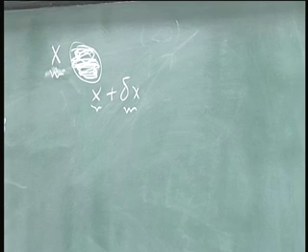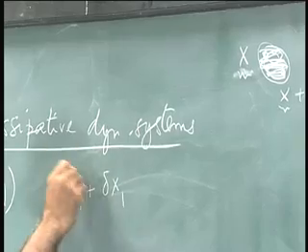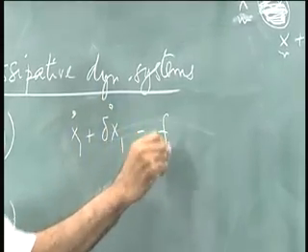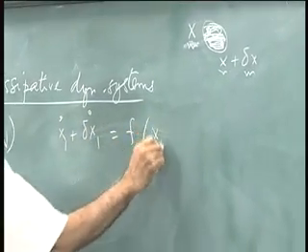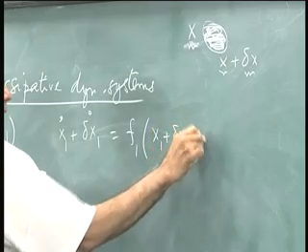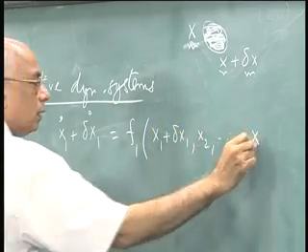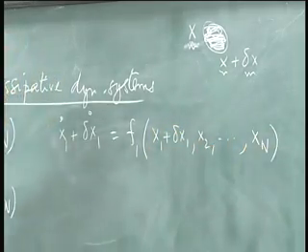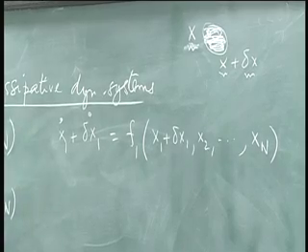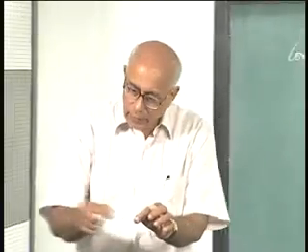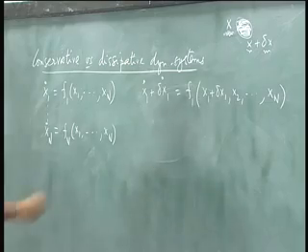Then I could also write x1 plus delta x1, the dot of that, this is f1 of x1 plus delta x1, x2, ..., xn. So instead of x1 I start with x1 plus delta x1. Now I say okay, I have x here, and instead of x2 I start with x2 plus delta x2 in the next variable.